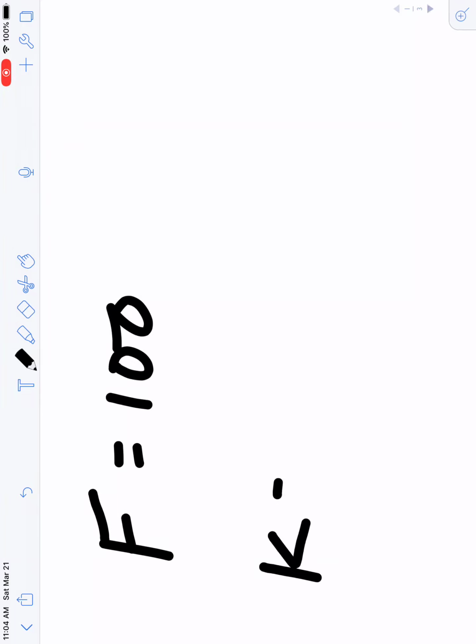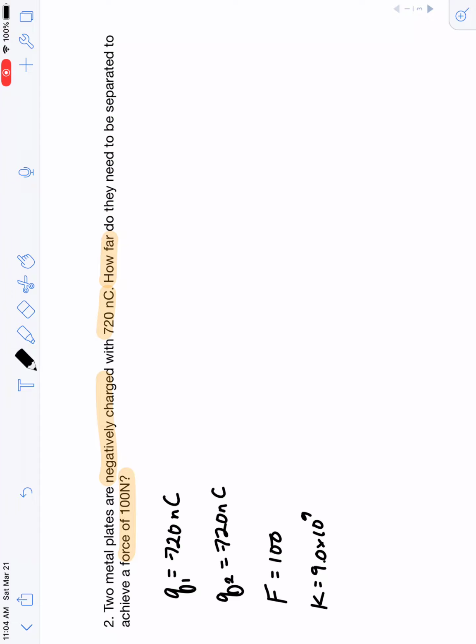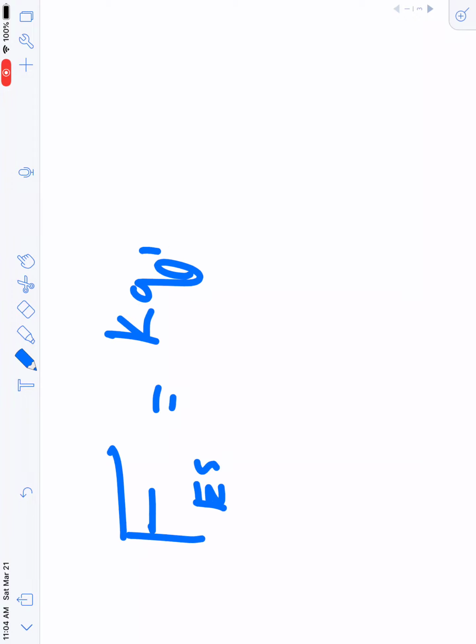And we know K is 9 times 10 to the 9th. Let's do the equation in blue here so you can see the red cancellations. So again, now it's pretty simple. We don't really have to do anything except algebra and manipulate our equation to get what we want. Don't even need to substitute.